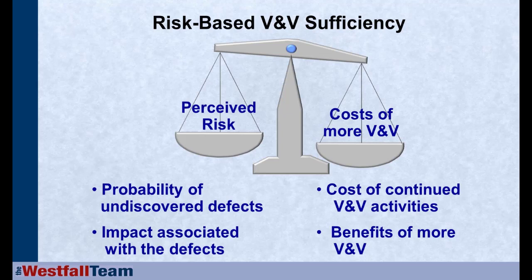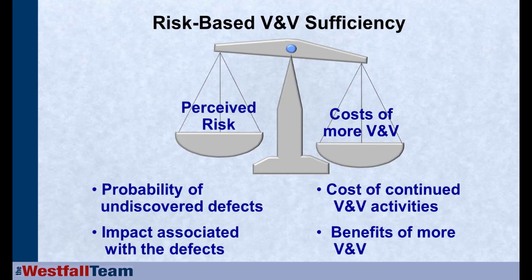And when we talk about risk, we are always thinking about a risk-reward balance. From the perspective of software quality, on the risk side, we are talking about the probability that there are yet undiscovered defects in your software that would make it all the way out into the field and cause field problems.